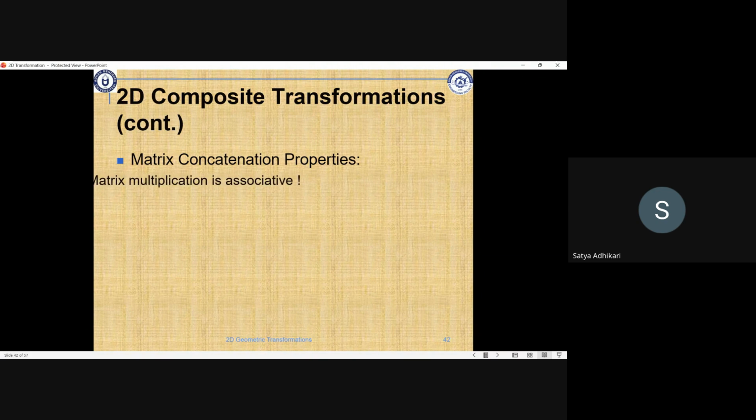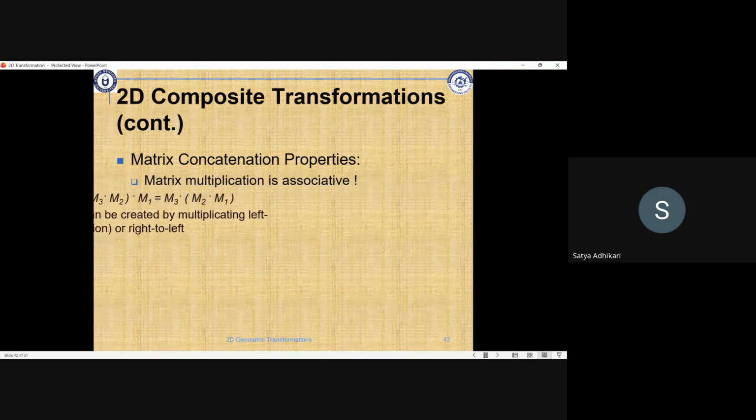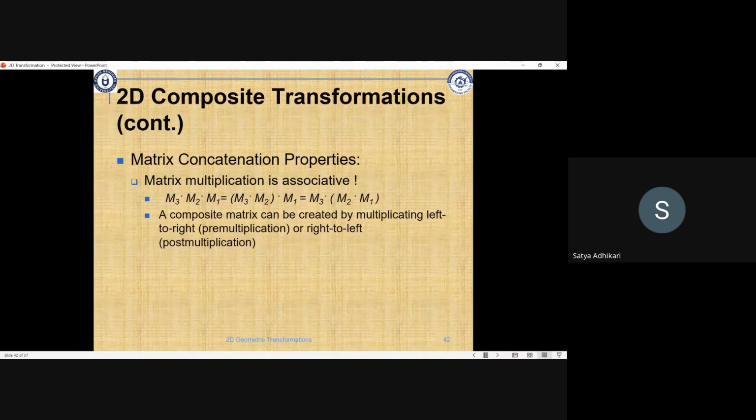This is some matrix concatenation property.